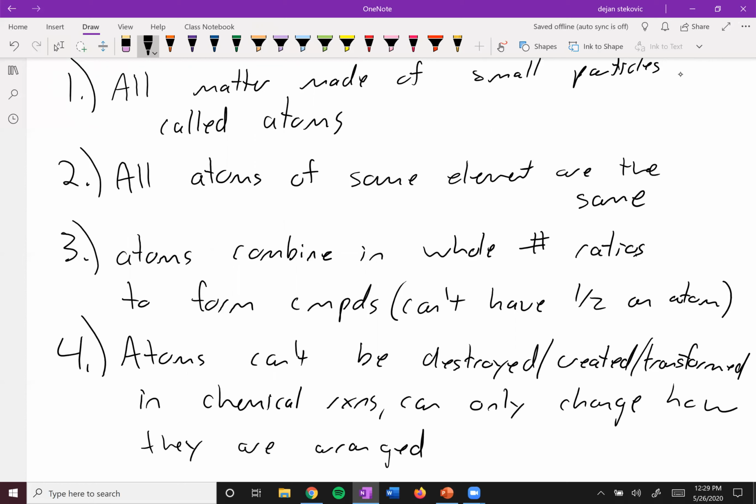So for example, if we have a gold atom, we cannot change that into a silver atom or a carbon atom. It has to stay a gold atom. But we can have it bond to different things. We can arrange it to be surrounded with chlorine atoms or fluorine atoms or iodine atoms or other things like that.